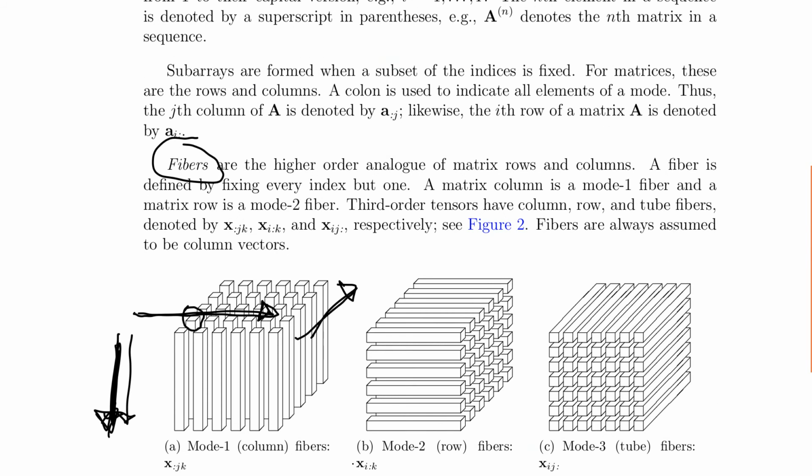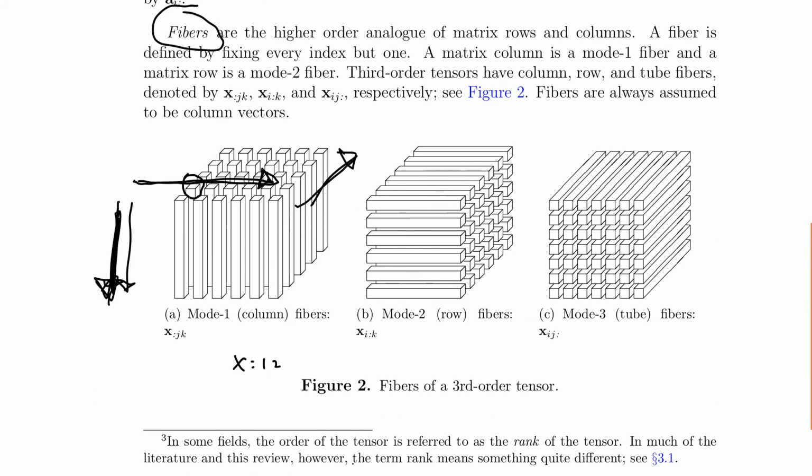Basically, we just stick all the mode-1 fibers together. For example, if I have a three-way tensor like this one, I take the first fiber here, x11, and then concatenate it with the second fiber, x21.